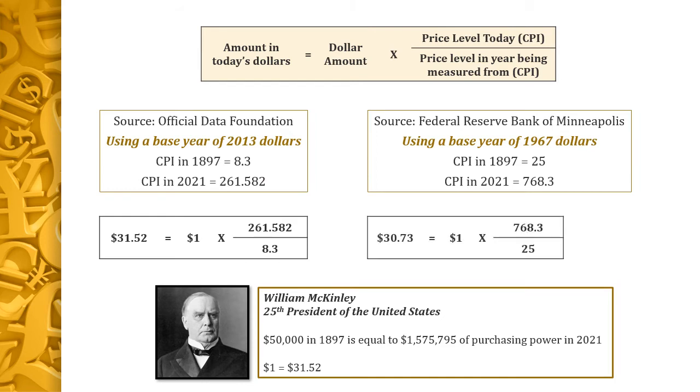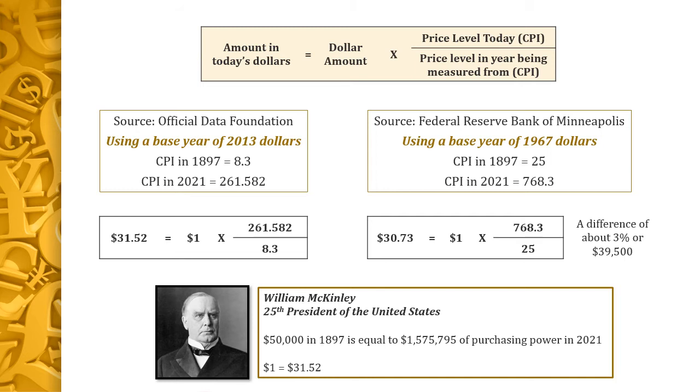When we calculate it, if we use the one from the Bank of Minneapolis, the Federal Reserve, we would see that $1 would equal $30.73 in purchasing power compared to $31.52. So there's a slight difference between them. And if we were to calculate how much that difference would be on $50,000, it's basically about 3%. So just almost $40,000.